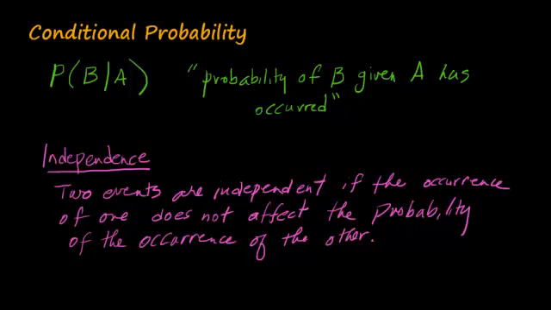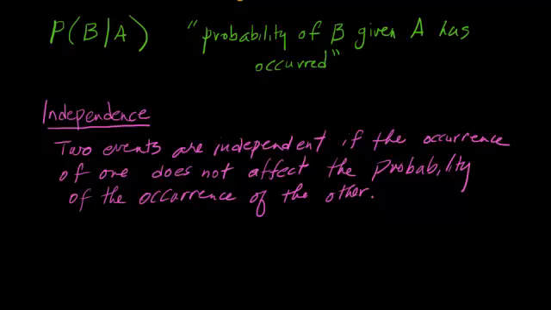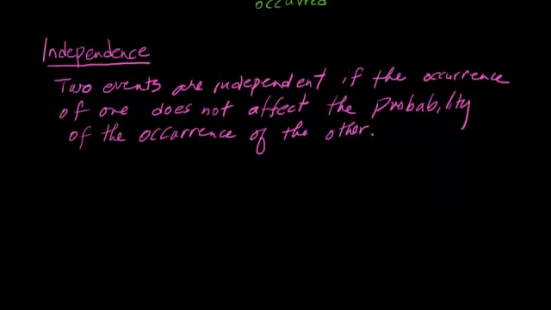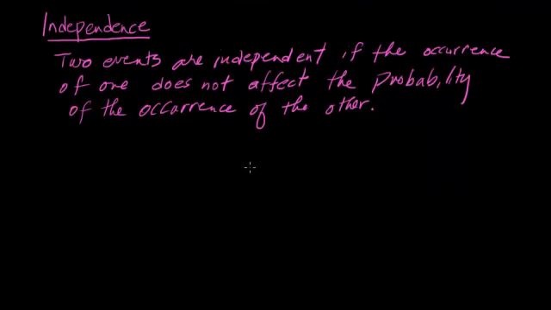However, as we saw with our example with the urn, if you do not put the ball back in the urn, then there is a change in the probability. It is affected on the second draw by the fact that you have done the first. So what I'm saying is, when a procedure is with replacement, we have independent events.